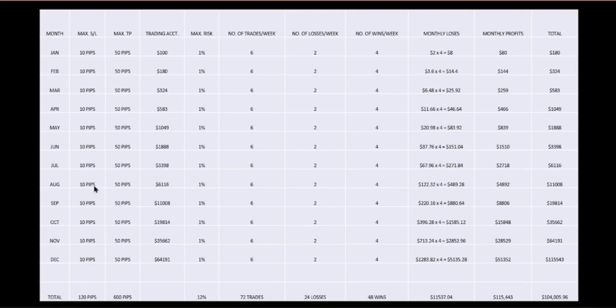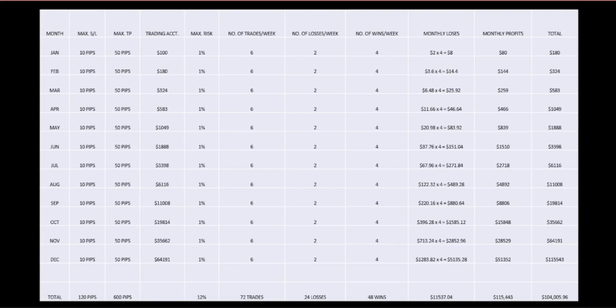Now, in the month of August, everything remains the same, but our trading account will change to $6,116. Remember, we started with $100, and now in the month of August, we are talking about 6,000 plus dollars. That's huge.